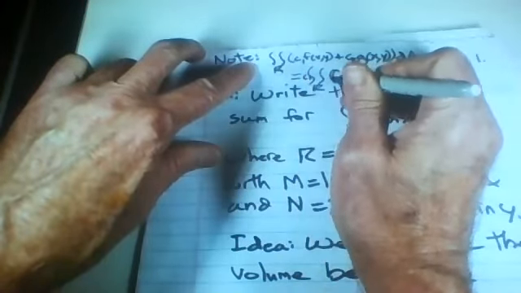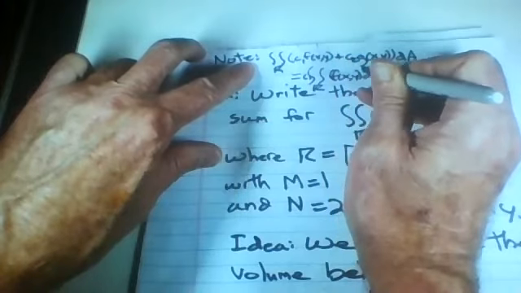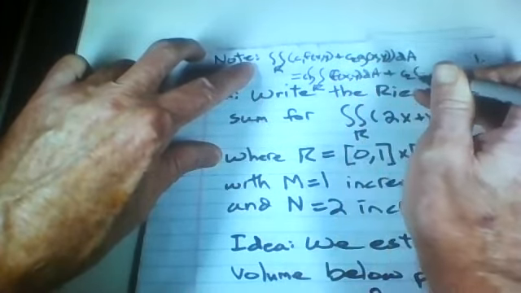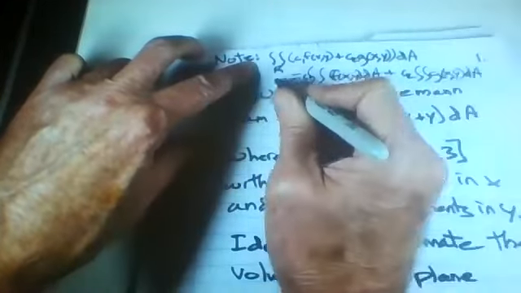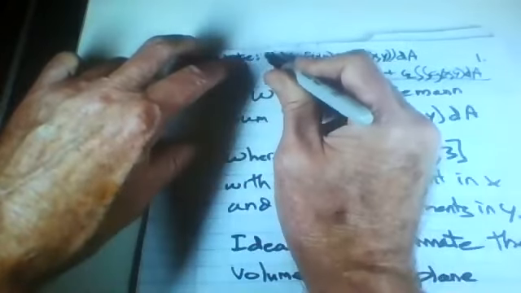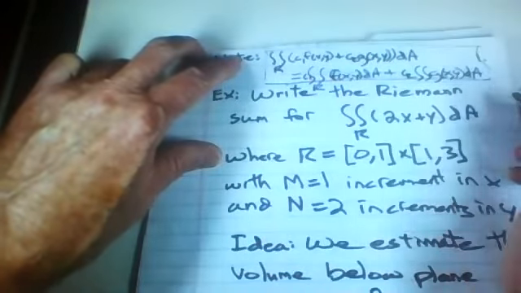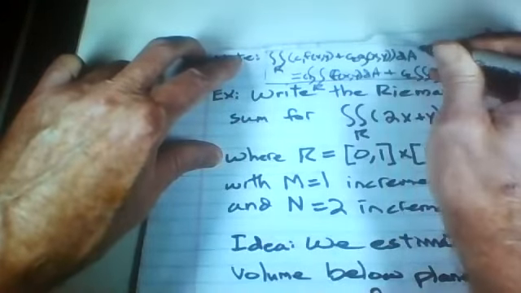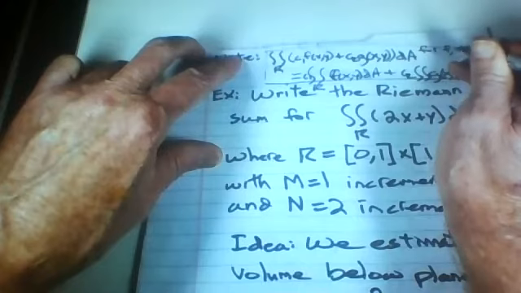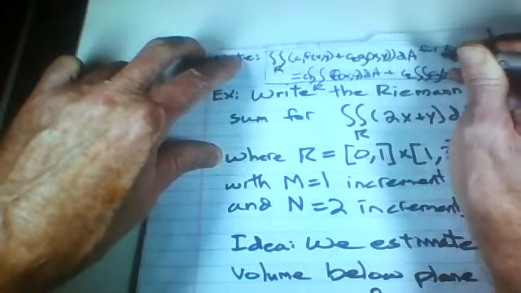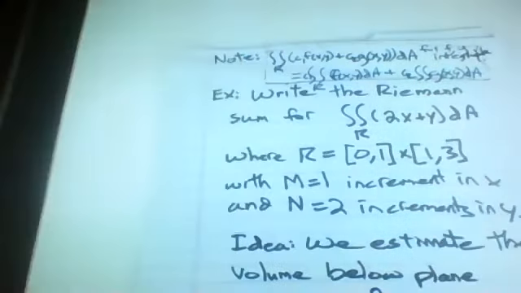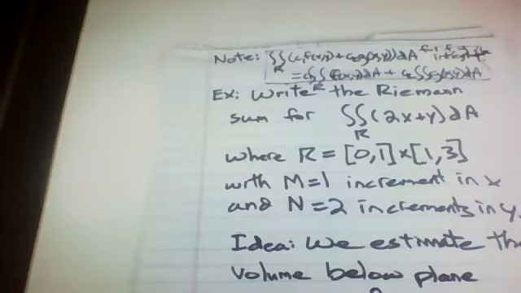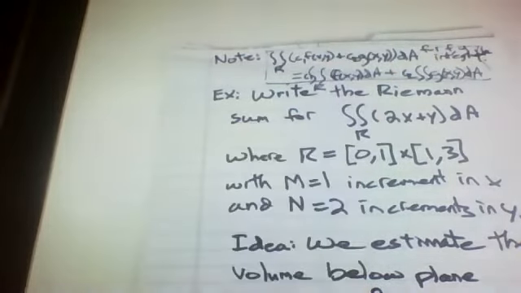So I can pull the c1 out and integrate f of x, y dA, and I can pull the c2 out and integrate g of x, y dA, provided that f and g are both integrable. In other words, these individual integrals exist. And then it follows, since c's can be negative, that the integral of the difference is also the difference of the integrals.